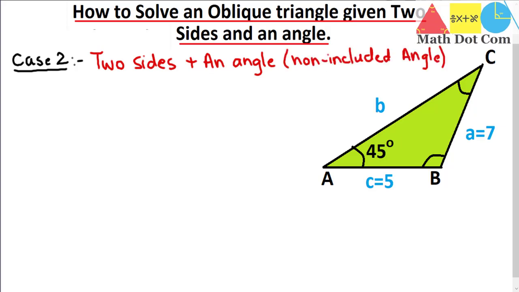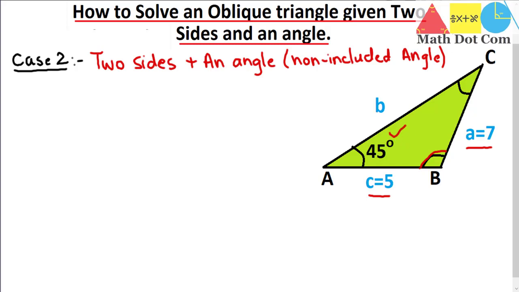What does it mean? What is given is the length of two sides, that is C equals 5 and A equals 7. The angle between the sides C and A is an included angle. But in this case we have a non-included angle, that is this 45 degrees which is given.